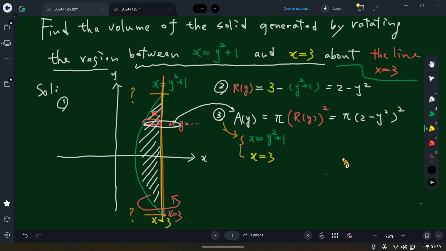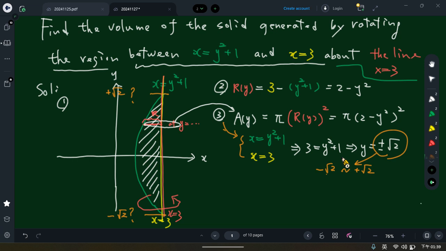Based on this, we get 3 is equal to y squared plus 1, so y will be positive or negative square root of 2. So this point is negative square root of 2, and this point is positive square root of 2.